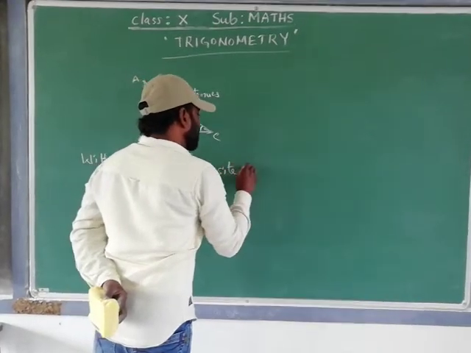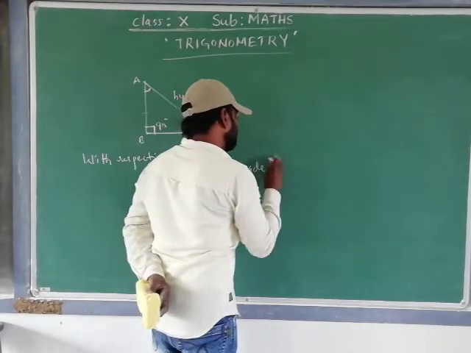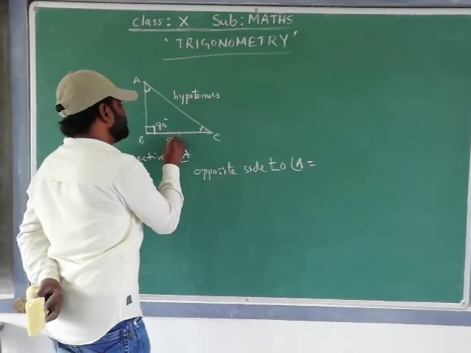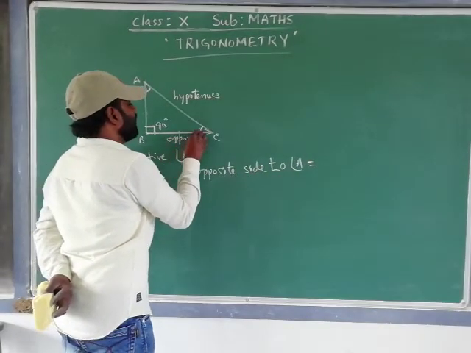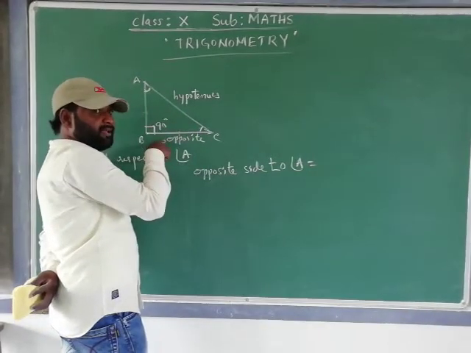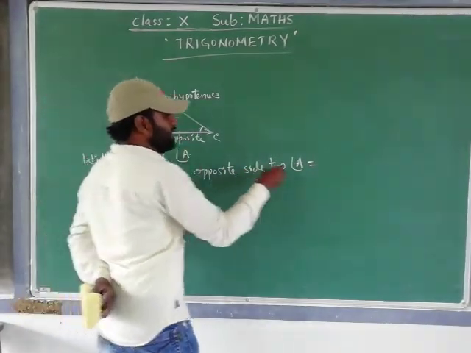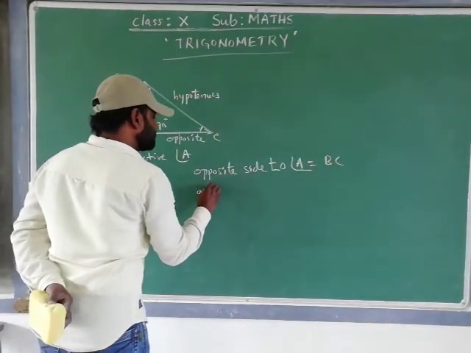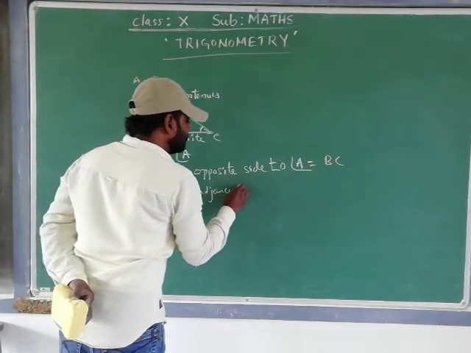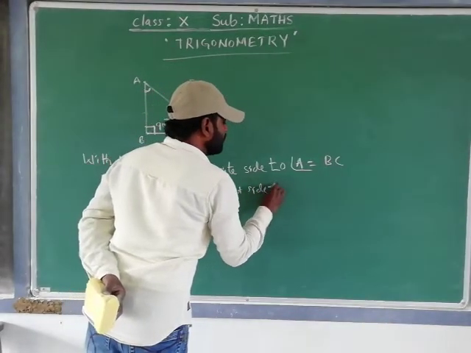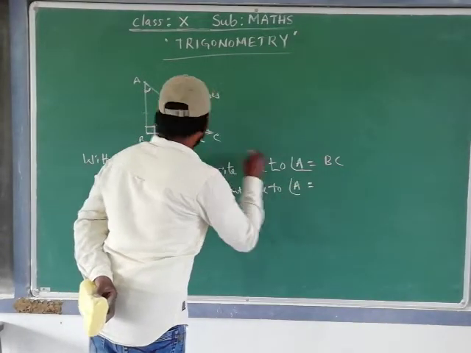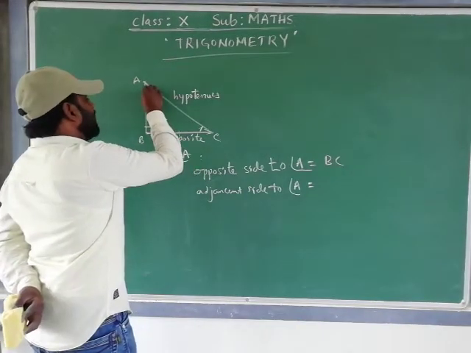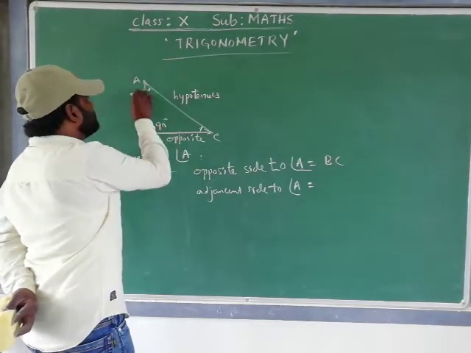Opposite side to angle A is BC. Now the adjacent side to angle A, with respect to angle A, for this the adjacent side is AB. This is the adjacent side.